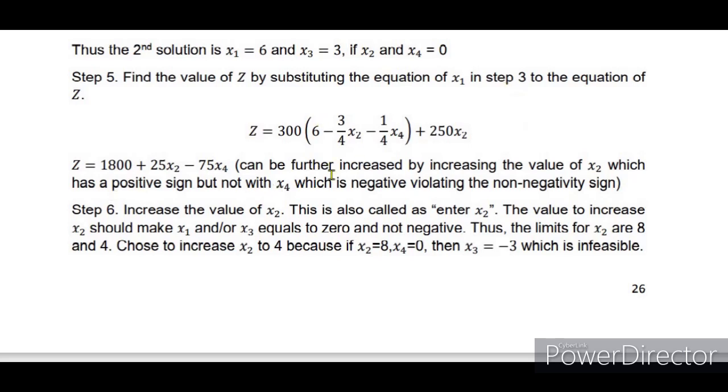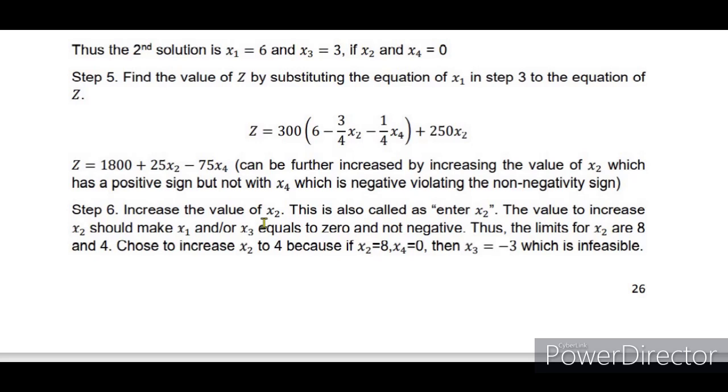When you simplify it, z is equal to 1800 plus 25 x sub 2 minus 75 x sub 4. It can be further increased by increasing the value of x sub 2. Why? Because it has a positive sign, but not x sub 4 because it has a negative sign. So it will be violating the non-negativity if we increase that.